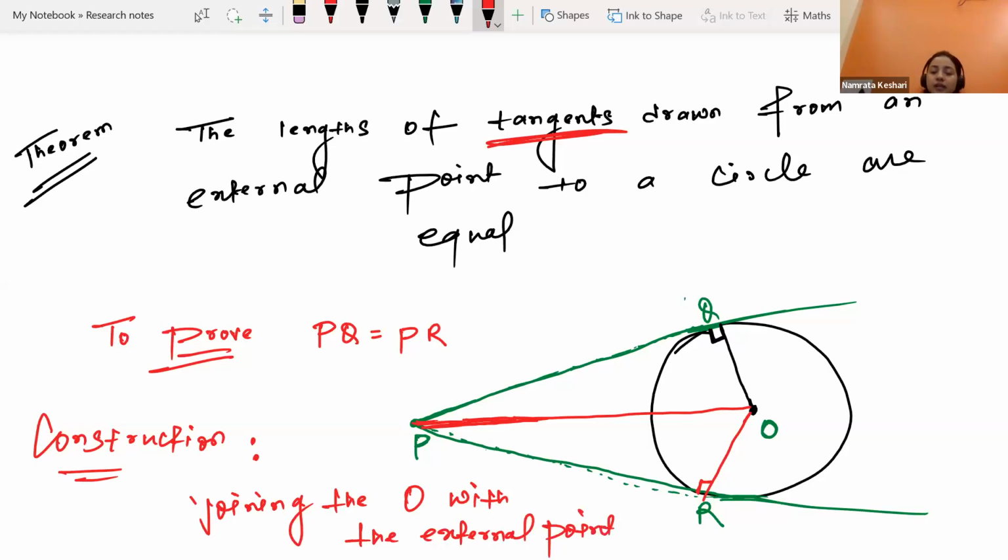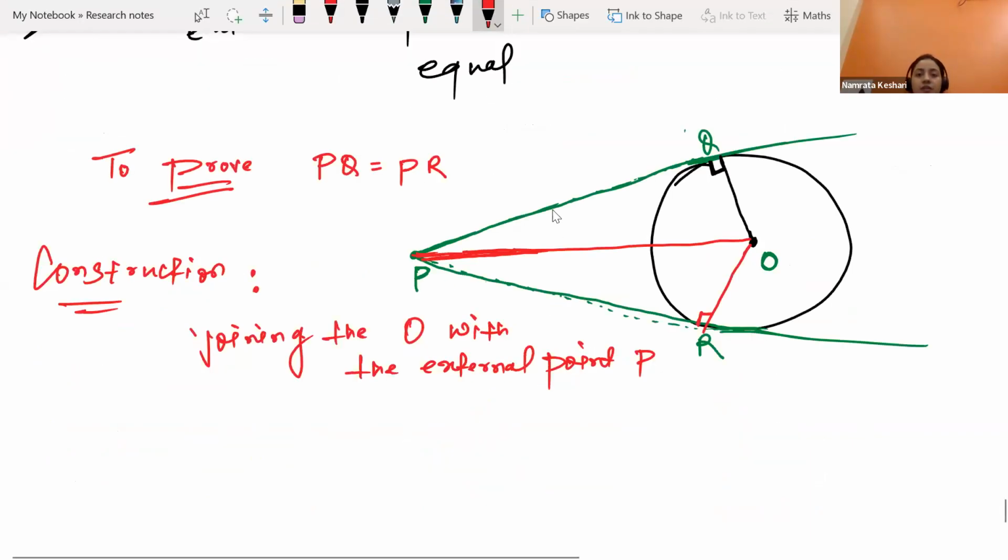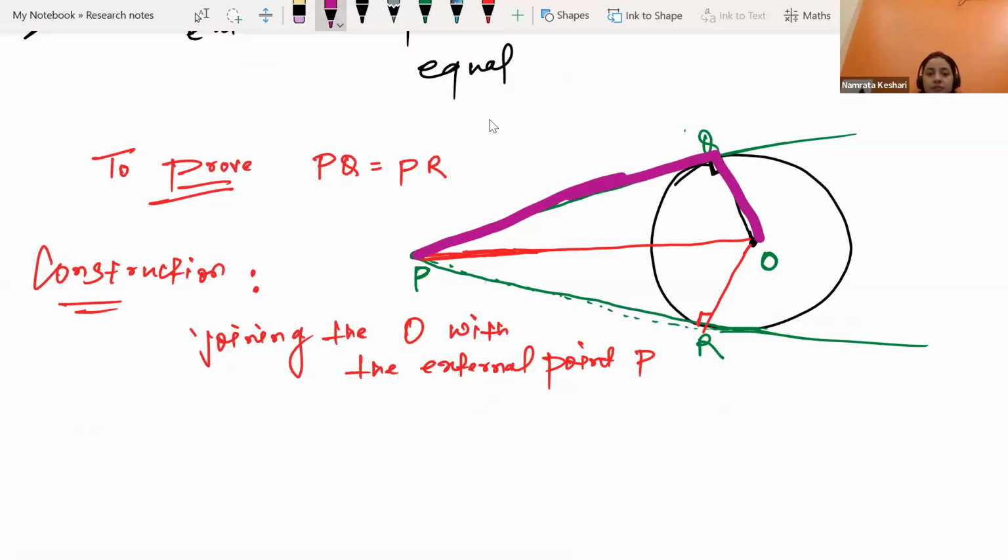Now, can you see two triangles over here? Yes or no? The upward one and the downward one. Can you see these two triangles? This one and the other one.